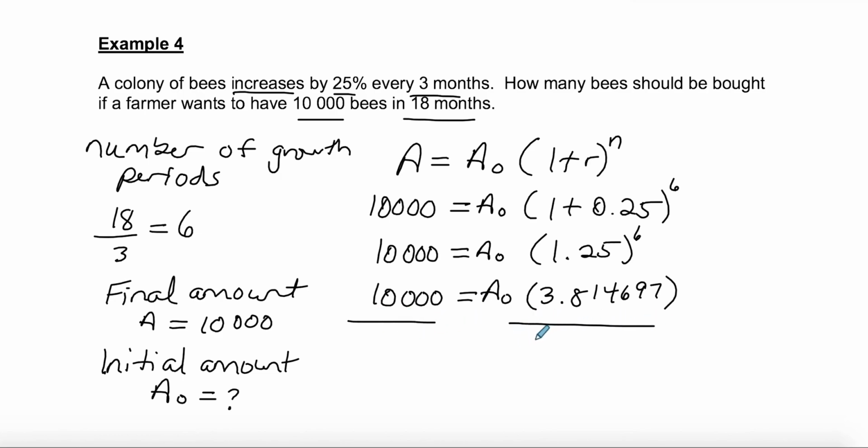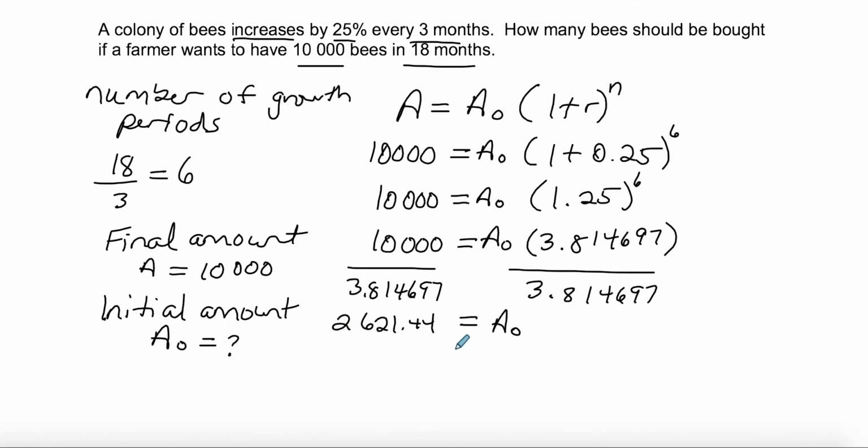I could divide both sides by that. So I end up with the initial amount being 2,621.44. This means that the farmer should start with around 2,622 bees in order to end up with 10,000 in 18 months, because they are growing exponentially at a rate of 25%.